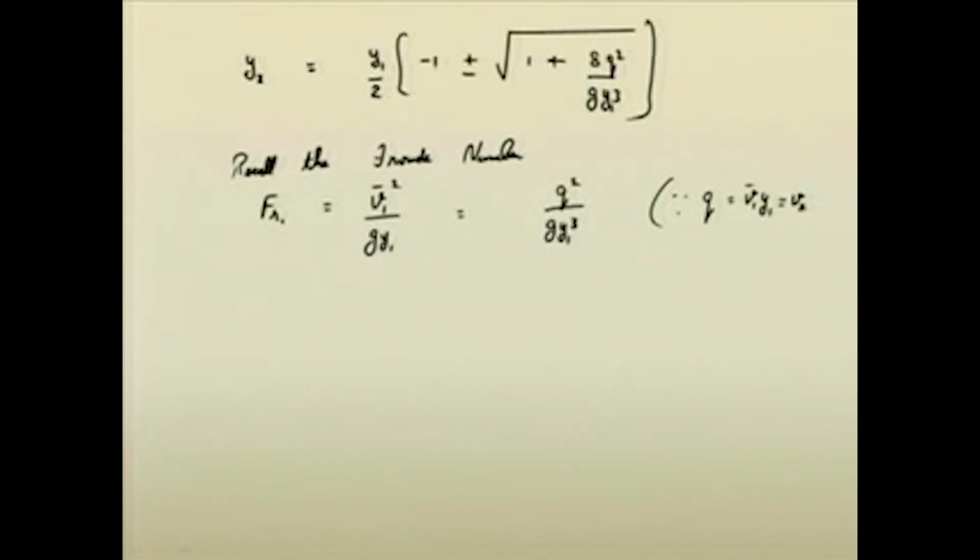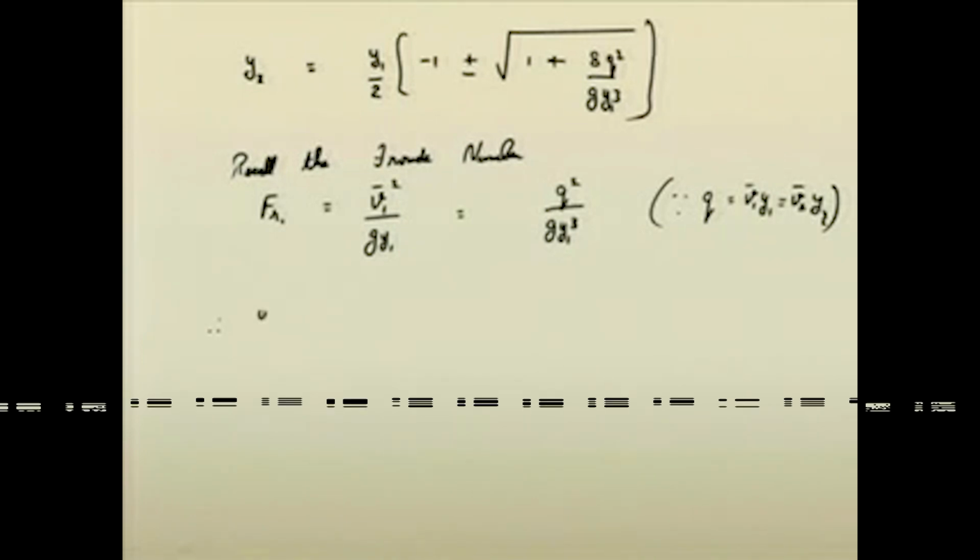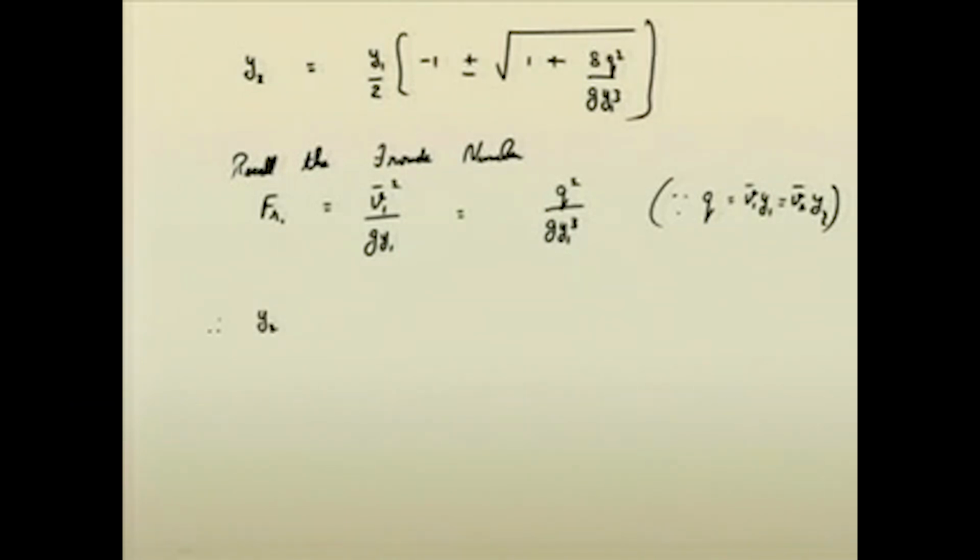This is again equal to v 2 into y 2. So, the same quantities we will be using. I am writing the Froude number in terms of discharge per unit width, q squared by g y 1 cube.